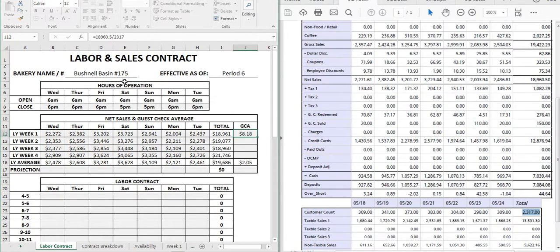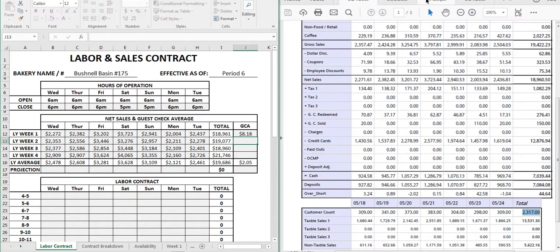Being that you already have the net sales inputted on here, you can save yourself from having to write this part of the formula, and basically write, this guest check average would equal, and then click on the cell, and you see it comes in as I-12 divided by 2317, which is my customer count, and you'd get the same thing. So there's 3 different options to do. For me, Excel is probably the easiest way.